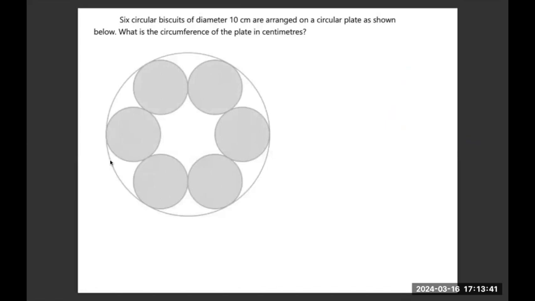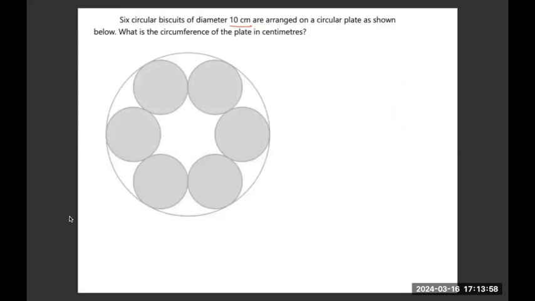You're given circular biscuits of diameter 10 centimeters. They are arranged in a circular plate. The white part that you see, the larger boundary, is a circular plate, and then there are 10 centimeter circular biscuits that are arranged.